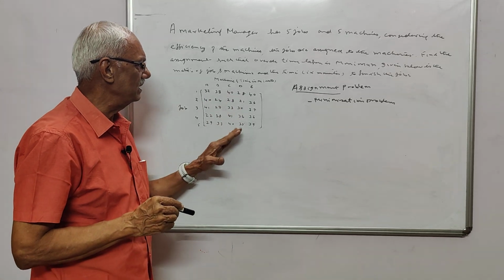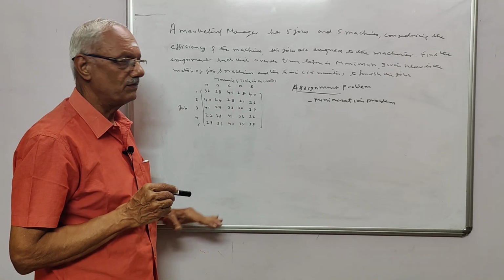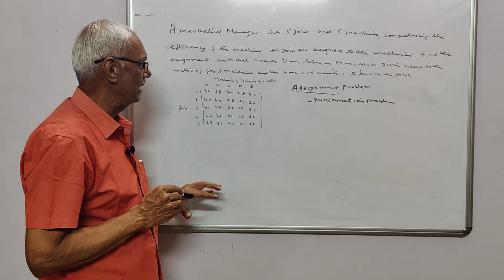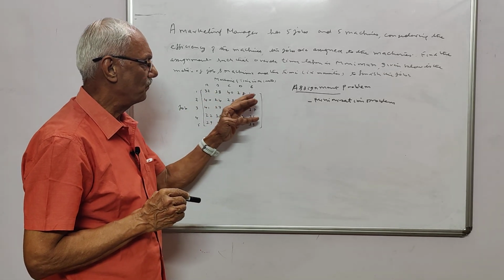For example, here is a problem that I have taken. Here you see that there are 5 jobs and there are 5 machineries.